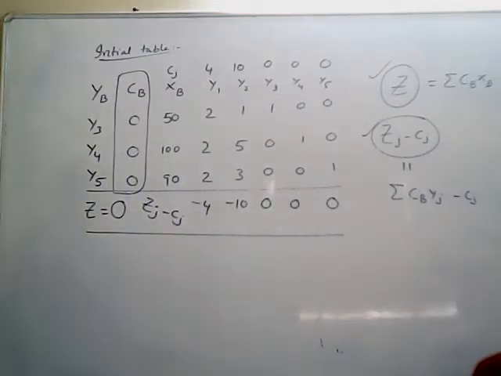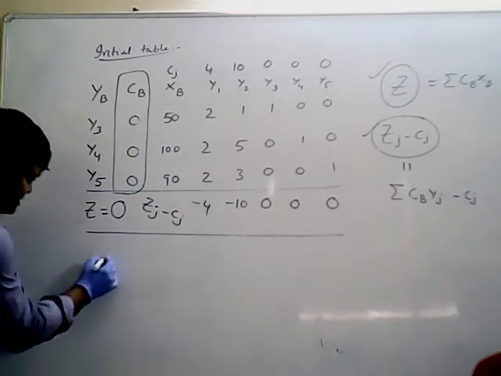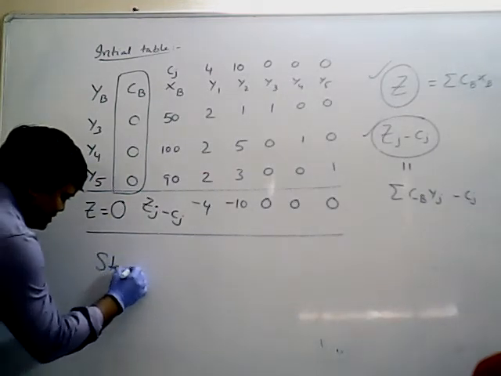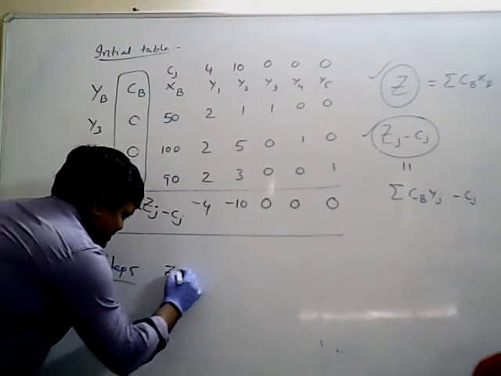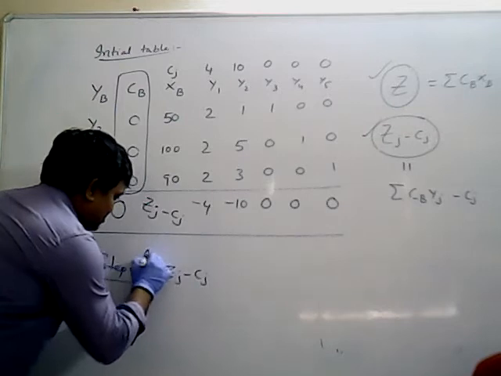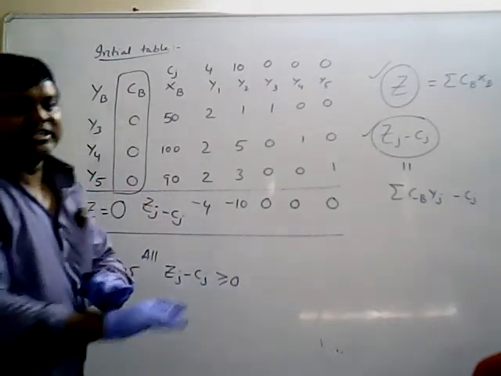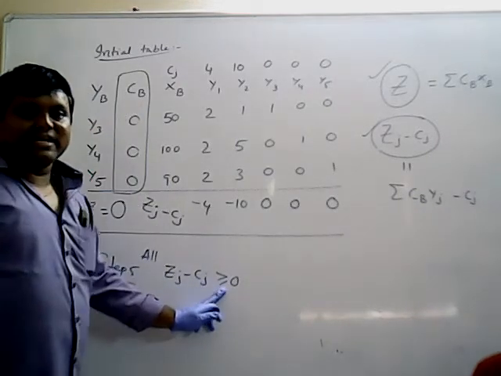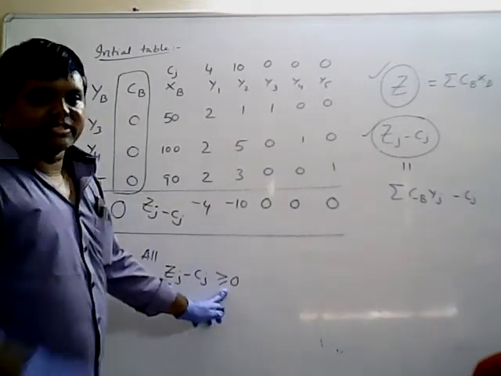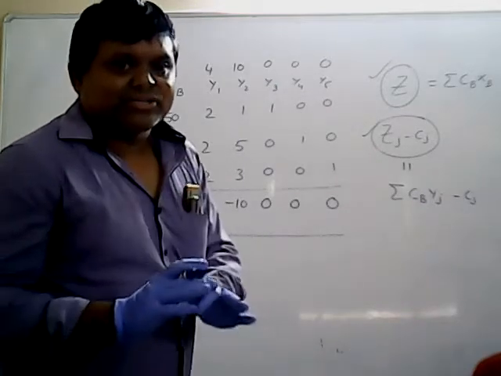Now step number 5. Don't write, just listen. Step number 5 is: if all Zj minus Cj are greater than or equal to 0, the solution is completed. What is the meaning of this? All Zj minus Cj greater than or equal to 0 means all are positive, so the solution is completed. Whatever your Z value is, that is your answer.